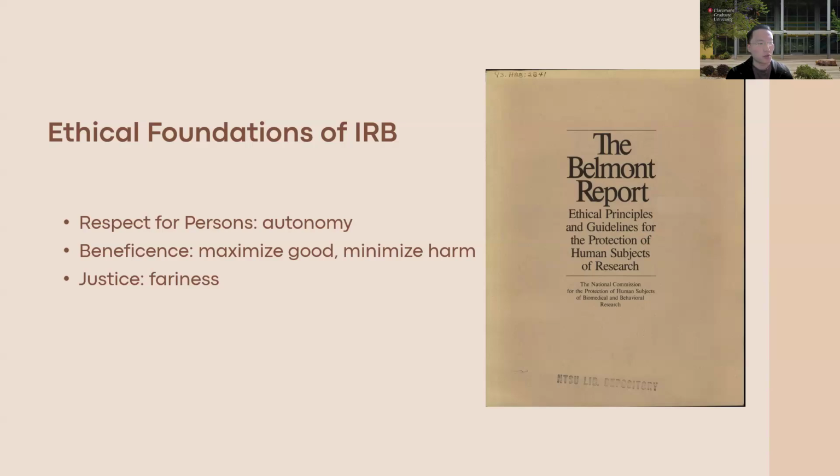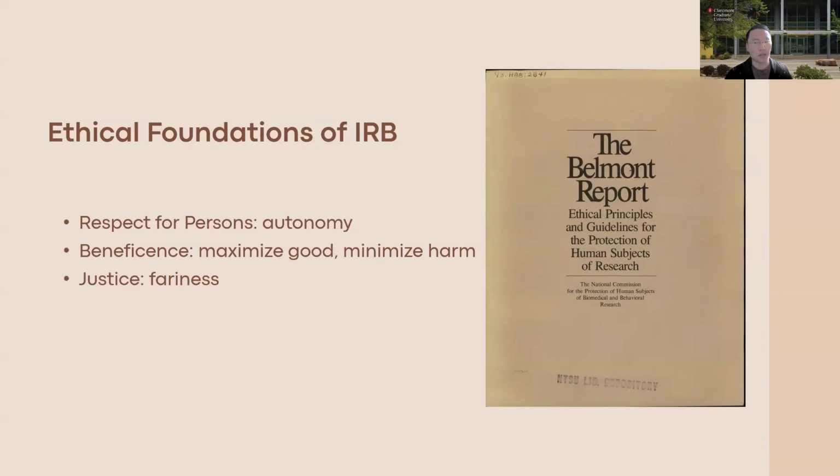So justice really requires us to ask the question: who are you studying and why are you studying them? Is there a good reason that these people are recruited for your research? So what the IRB will look for is fairness in recruitment. Participants should be chosen for scientific reasons, not just for convenience or vulnerability.